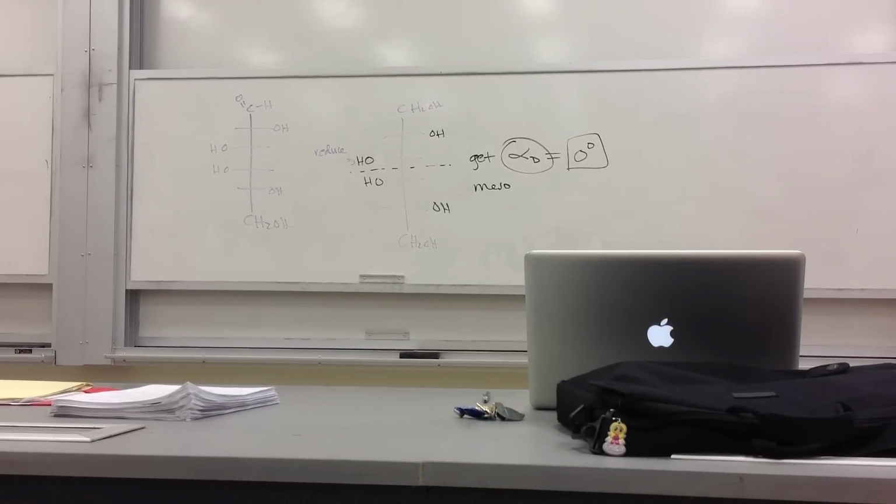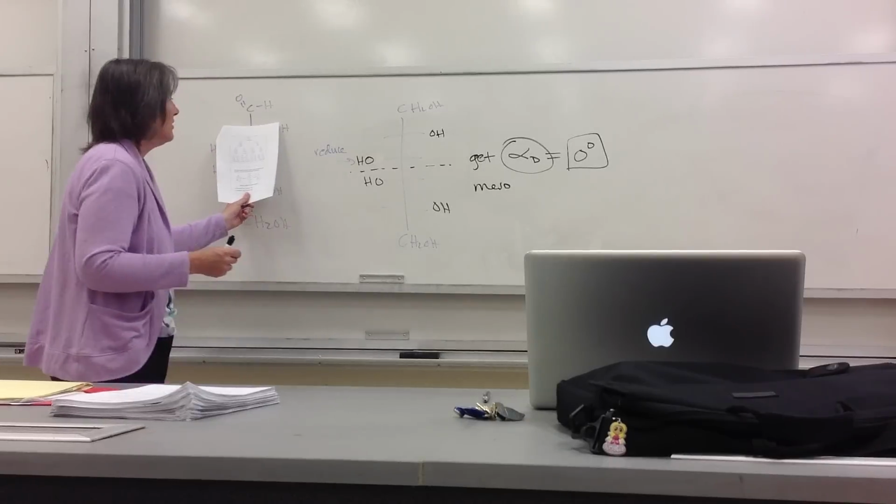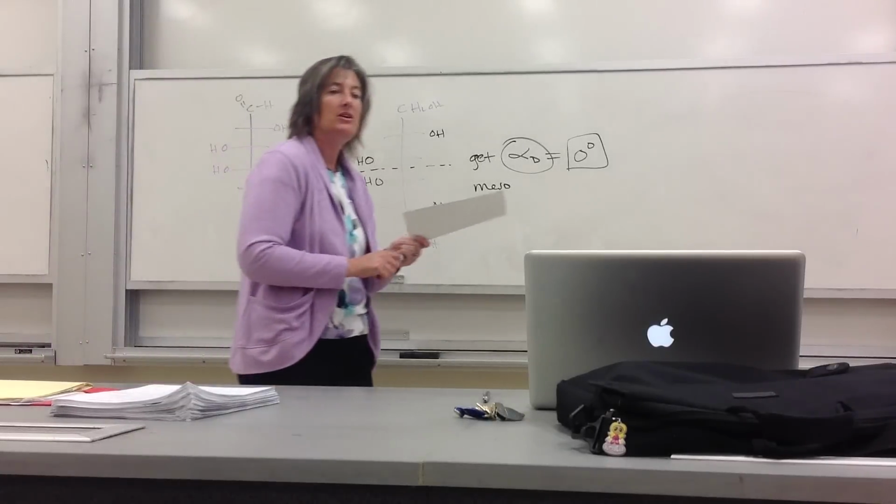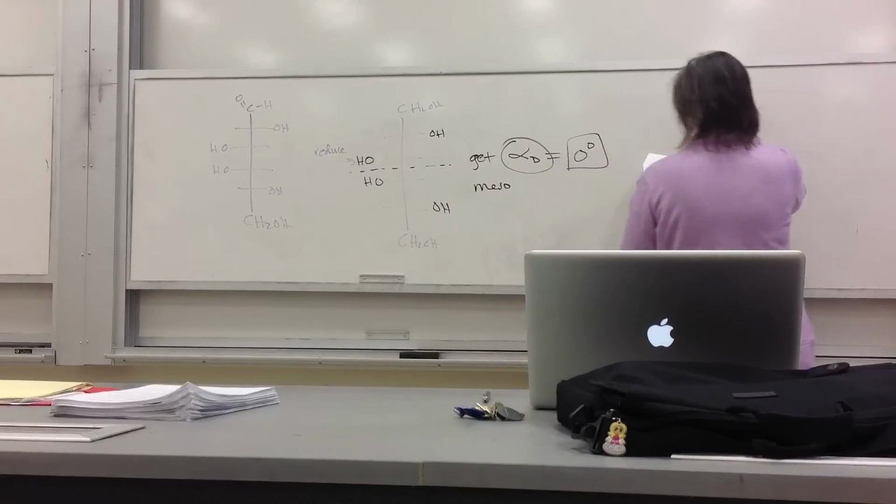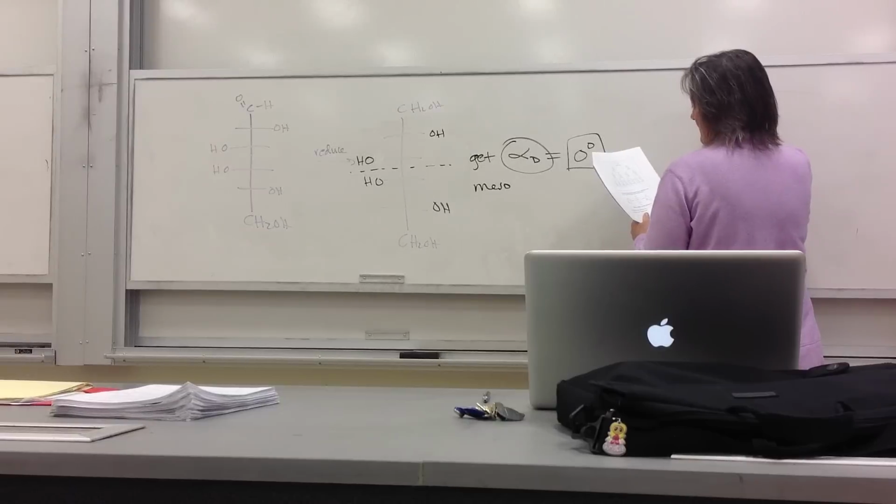So, go to your sugar list. Which sugars could this be? You don't know it's this one. All you know is its rotation is 0. Which ones could it be? Find your sugar list. I get allose.